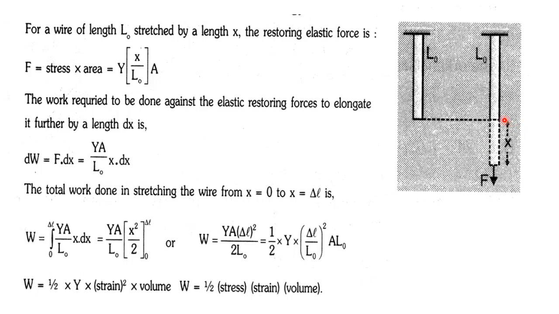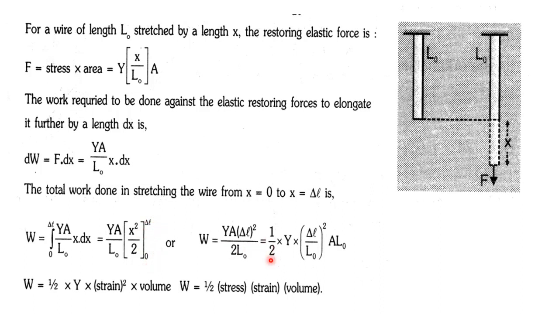Say the lower limit is 0 and it has extended to some value delta L. If you integrate, we get W is equal to, you bring the Young's modulus constant outside, and the area and original length being constant outside, we get x squared by 2, and then put the limit delta L in the upper limit and 0 in the lower limit.